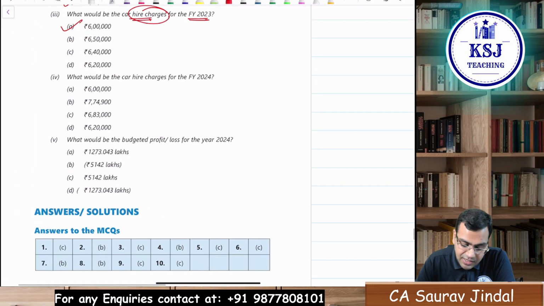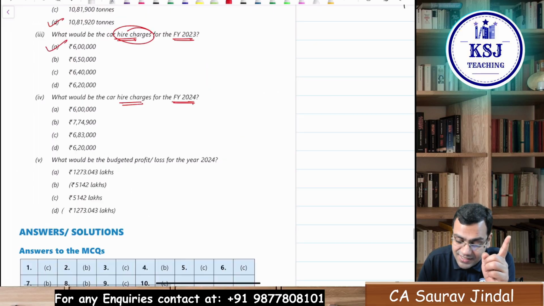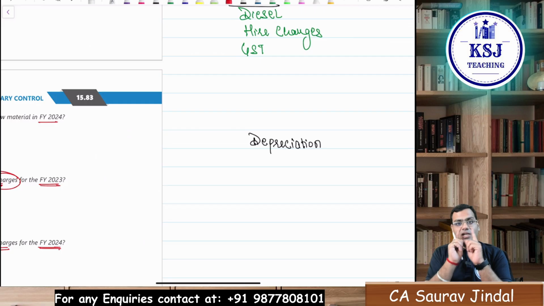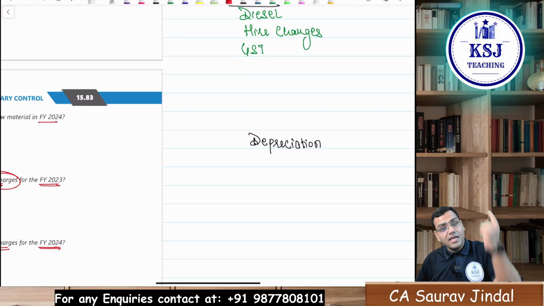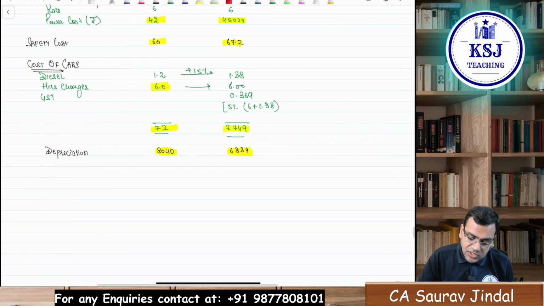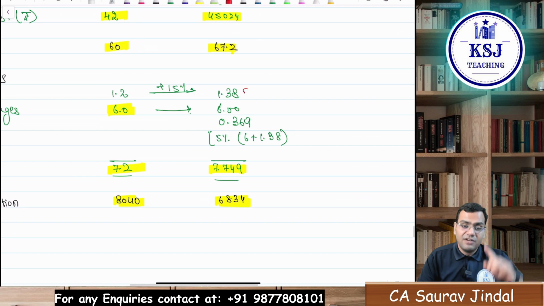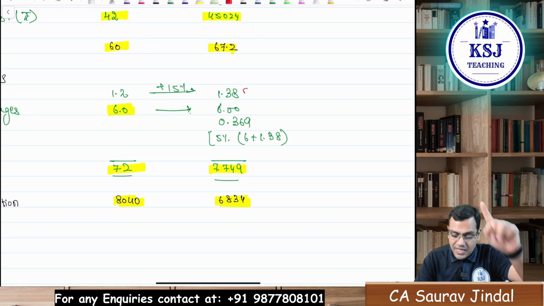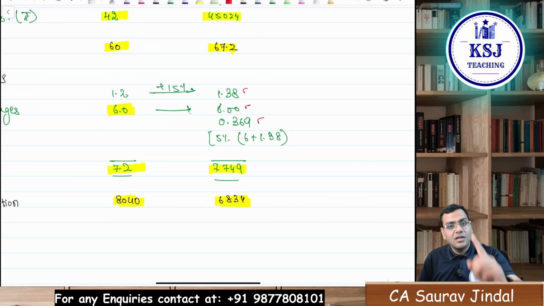What would be the car hire charges for the financial year 2024? Now here you will have to be smart. Why, sir? Because in the financial year 2024, if you are taking the car on hire, what are the charges you are paying? You are paying 1.38 for the diesel to that company. You are paying 6 as the hire charges. You are paying 0.369 as the GST.